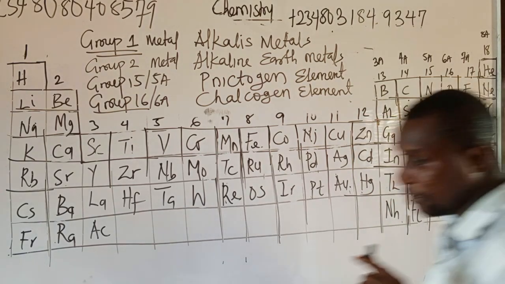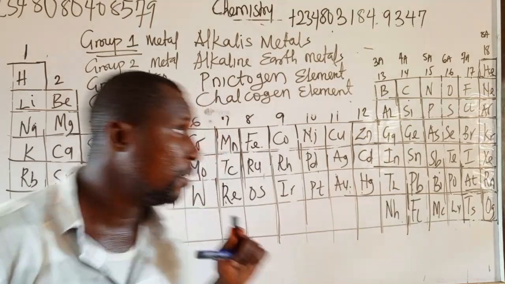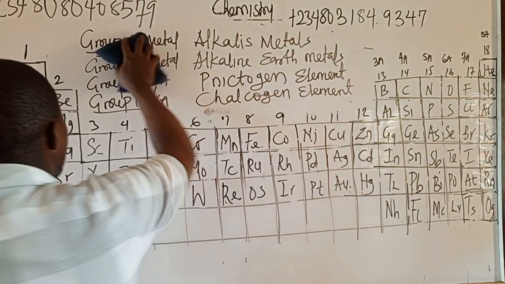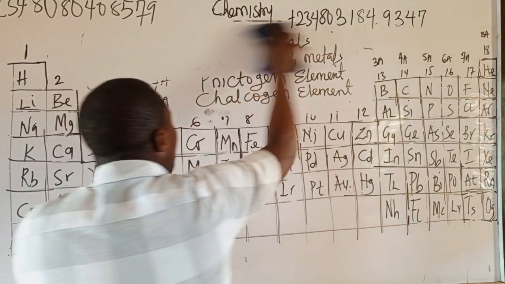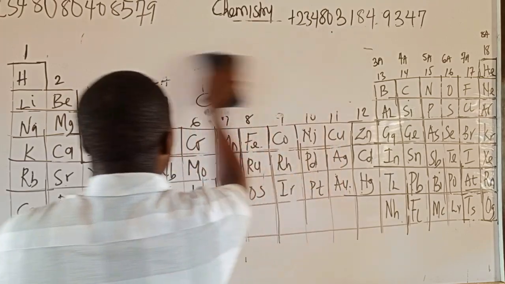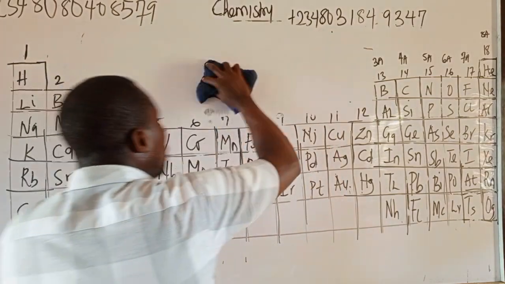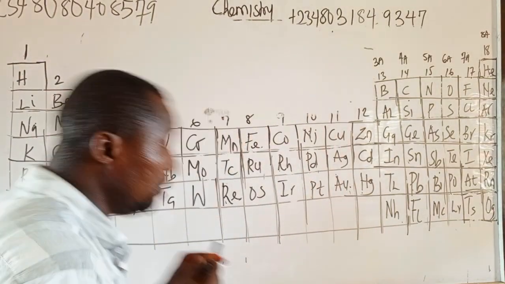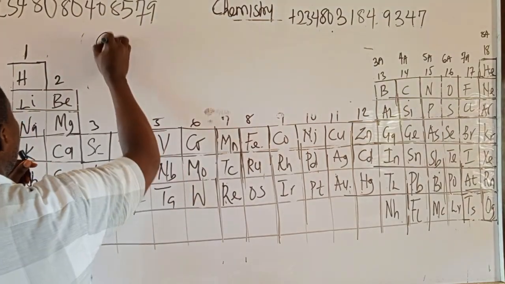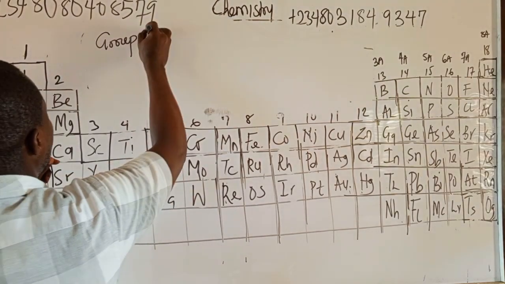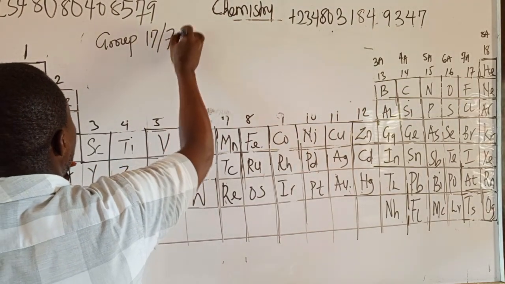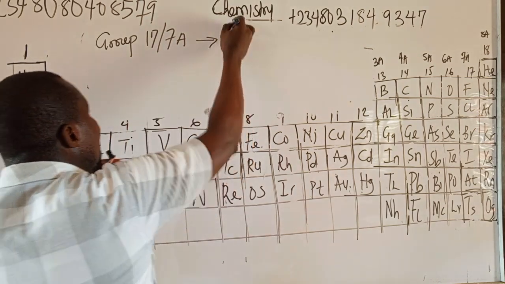Group 17, that means group 7A, are called the halogen family, the salt formers.